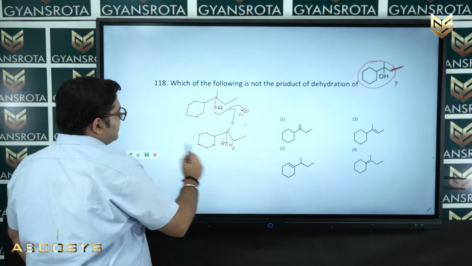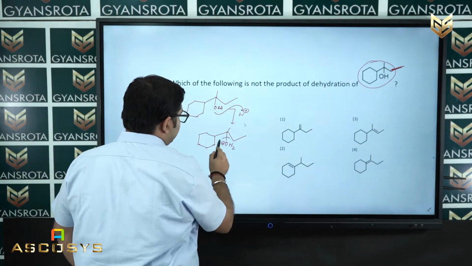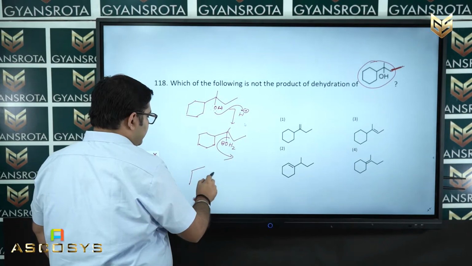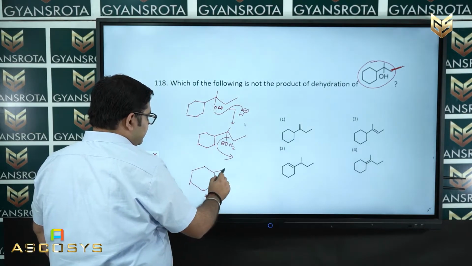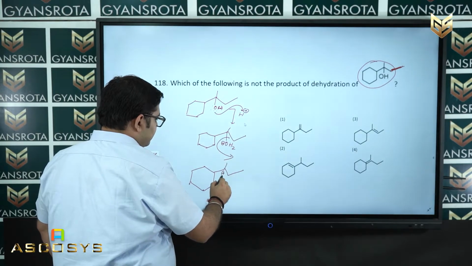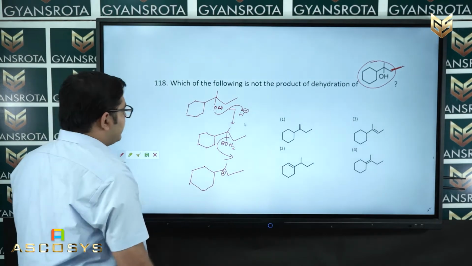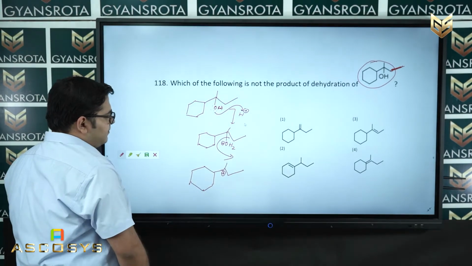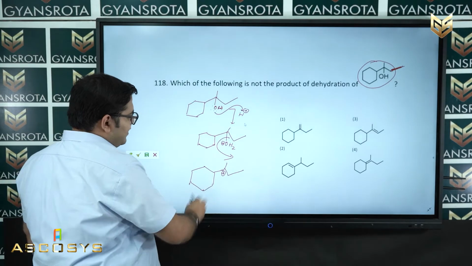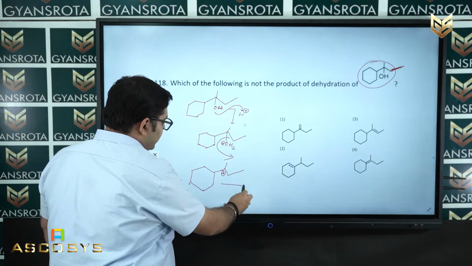This is nothing but a water molecule, so we can easily remove this water molecule. As a result, you obtain this kind of intermediate. See, this is the carbocation. Now, whatever product we obtain after this is from the rearrangement of this carbocation.